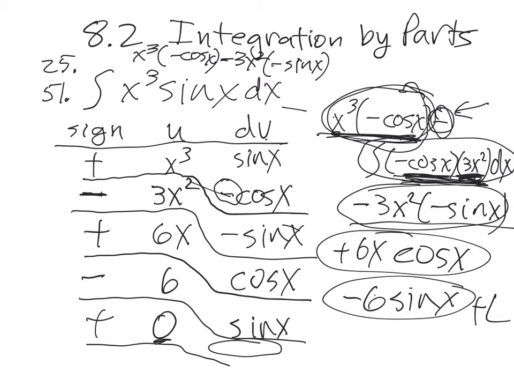This negative would actually be times this negative, so our second term would be plus, but using the tabular method, we get the negative of that times that.